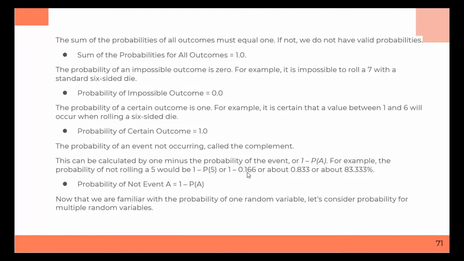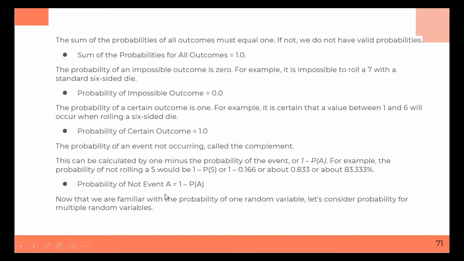I don't remove 4, 3, anything. That is the negative component. The one outcome's probability we calculated is 0.16, and we just subtract it from 1. So 1 minus 0.16, about 0.833, is the probability that we will get something other than 5.